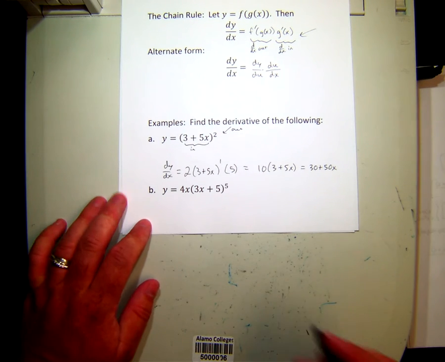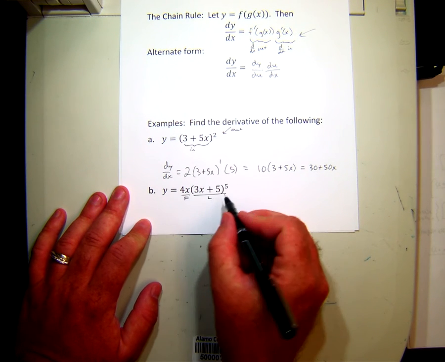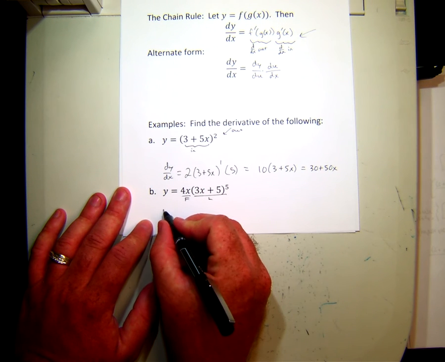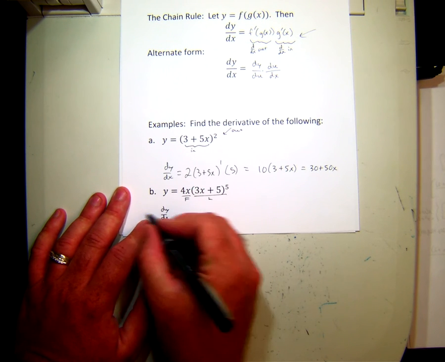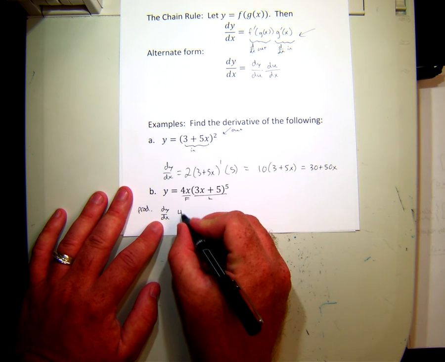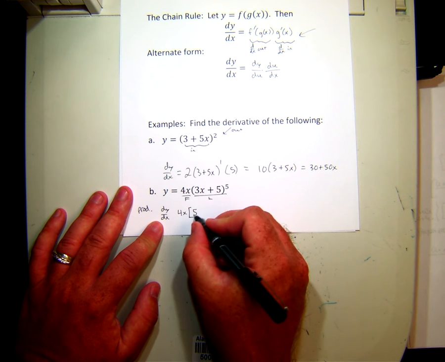This next problem is a product. This is first, this is last, but the last is itself a chain rule. So this is going to take a while to do. The product rule says the first times the derivative of the last, but the derivative of the last is a chain rule.